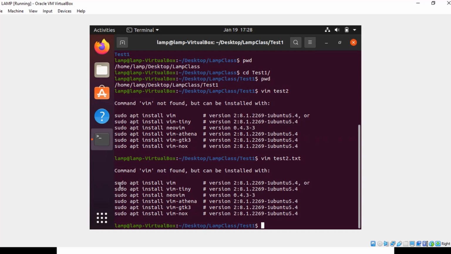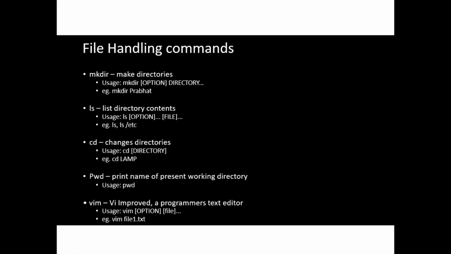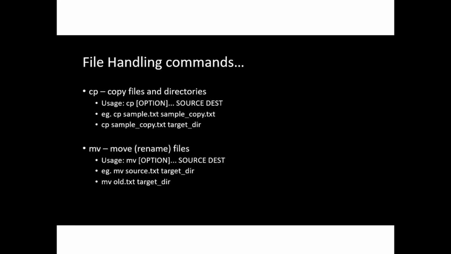Fine. So if you run this command and then go with vim and the file name, you will be able to create a text file. The usage is vim space file name, and an example is vim file1.txt.